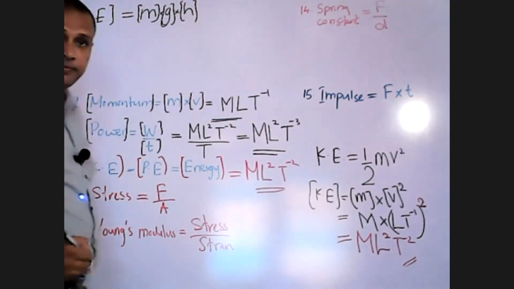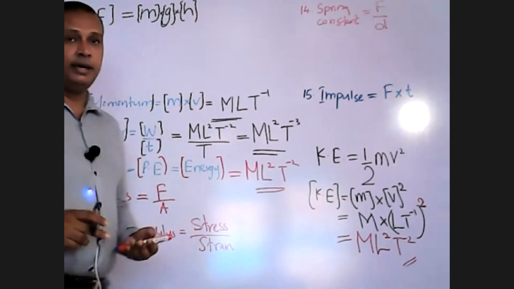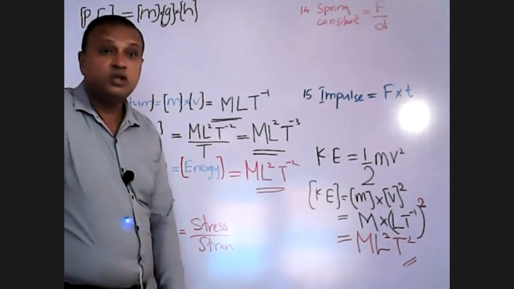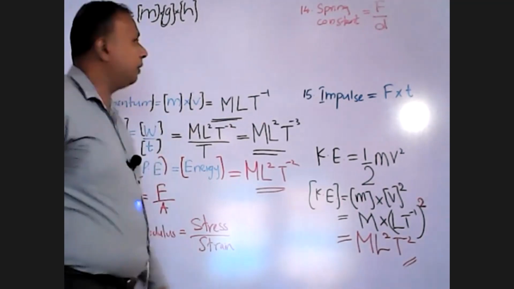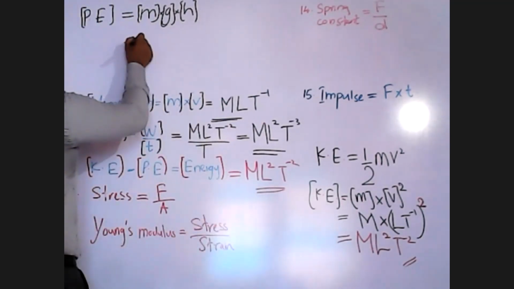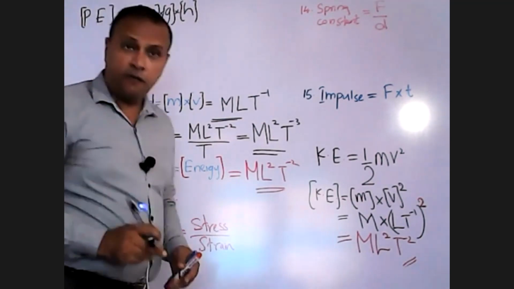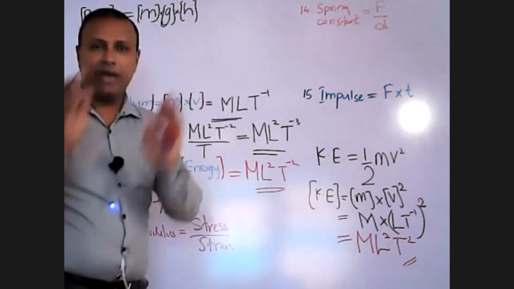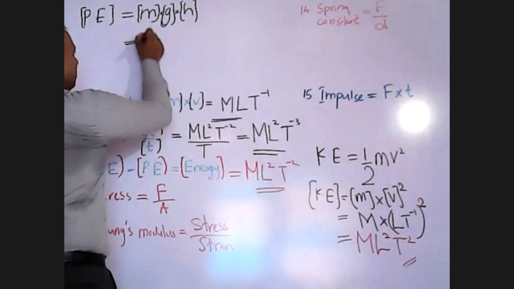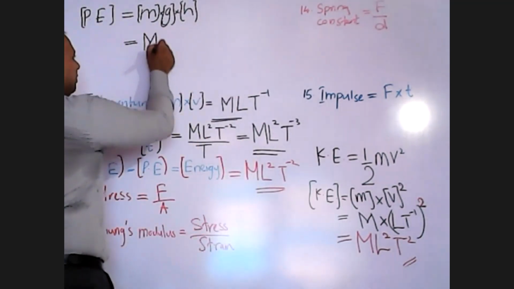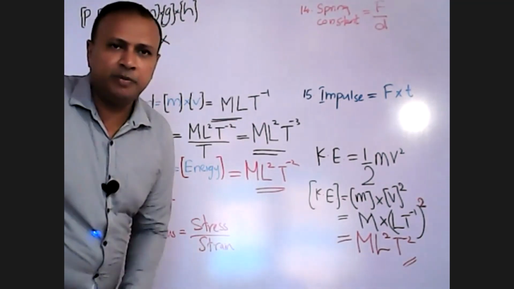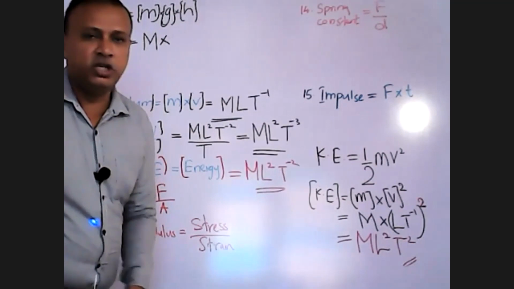Dimension of potential energy is equal to the dimension of m g h. Dimension of m: M is mass, so the dimension of m is M. What about g? Can anyone tell me the dimension of g?